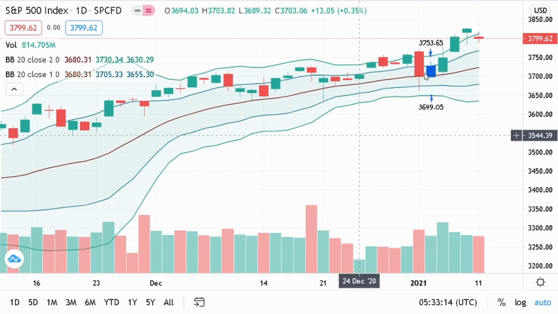Then we're going to subtract 26.15 twice from the simple moving average, and that will give us $3,649.05. That is the point for the lower band of the Bollinger Bands. And much like the simple moving average, every point on the upper and lower bands is two standard deviations away from its simple moving average.